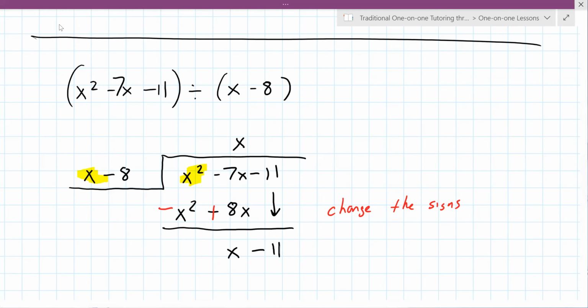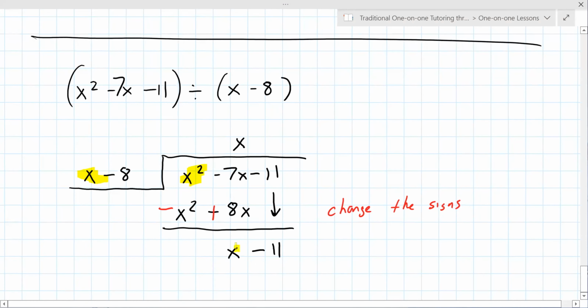So then your focus is again on this here. What do you multiply x by on the left, the one on the outside? This x over here. What do you multiply this x by to get this x here? The answer is 1.